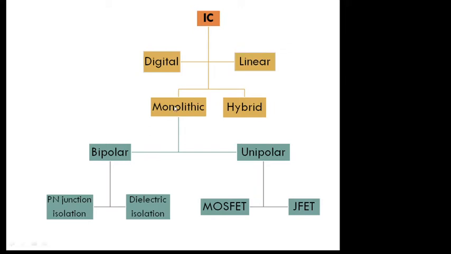In the further branching of the monolithic technology of fabrication, we will have either bipolar or unipolar. In the unipolar, we will have two topics to be discussed: one is the MOSFET and another is the JFET. Whereas in the case of bipolar, we will be discussing the PN junction isolation as well as the dielectric isolation.